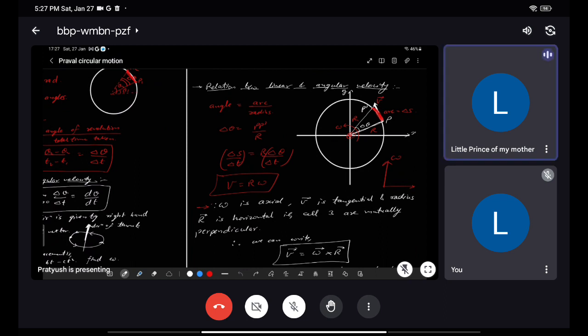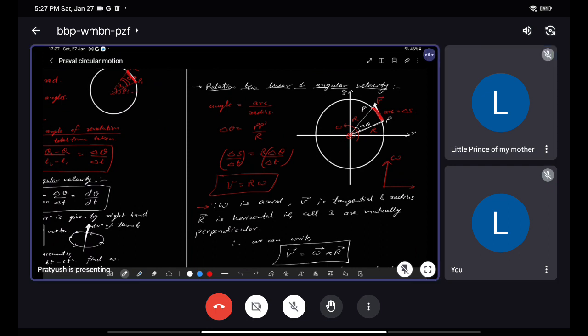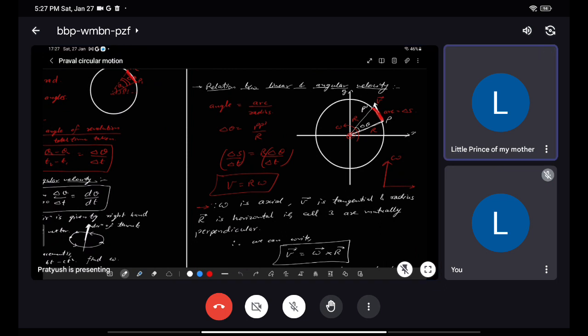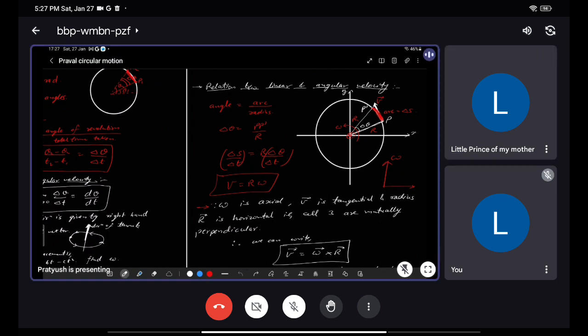Sir, how here v equals omega bar cross r bar, sir? See again, omega is what? Axial vector, is it not? Yes, sir. Omega is axial vector, this we already know.